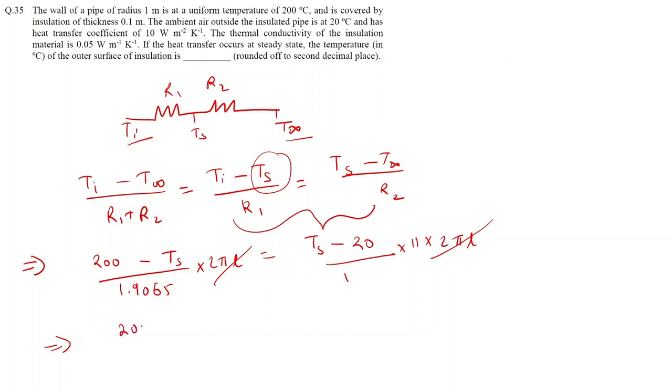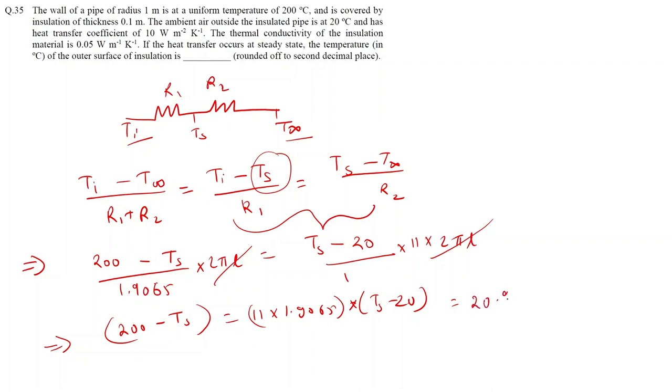Here we can write this as 200 minus Ts is equal to 11 into 1.9065 into Ts minus 20.